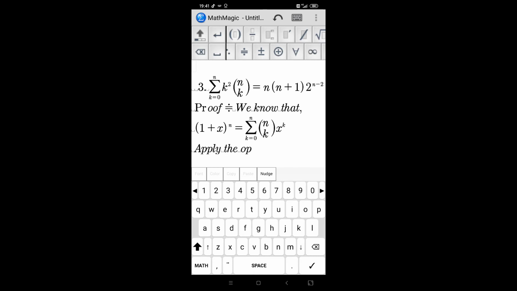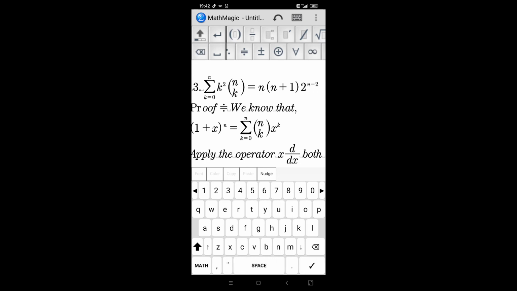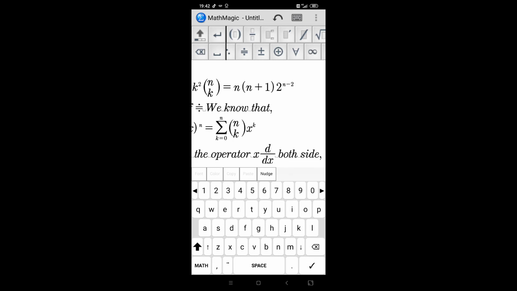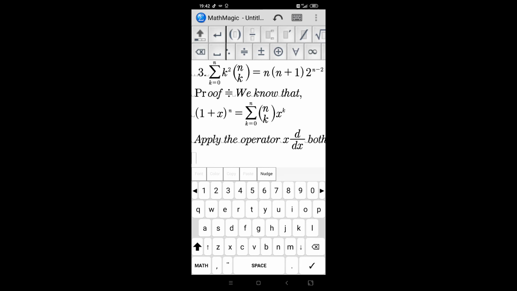Here we are going to apply an operator on both sides. Operator means nothing special: x times d by dx. We are going to apply x into the differentiation d by dx on both sides.